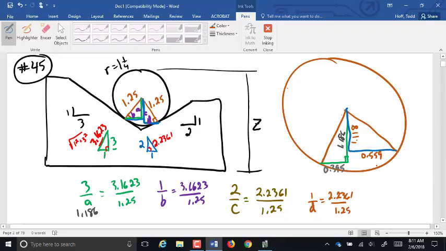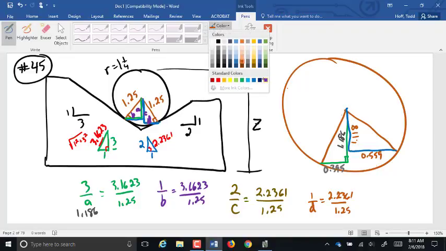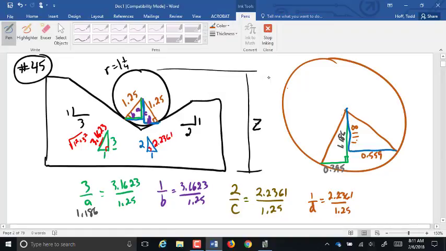So what does that tell us? Other than we have a mess on our hands. It does give us a connection for these points of tangency from here to here. I can actually construct a triangle there. Not sure if that does us any good or not.